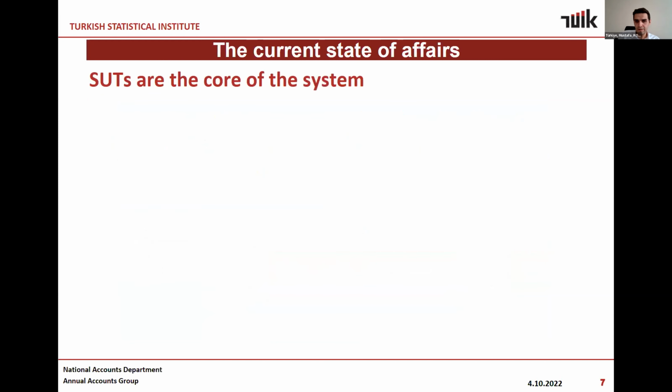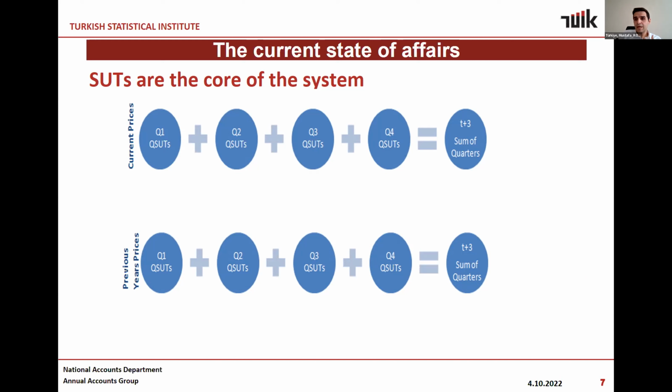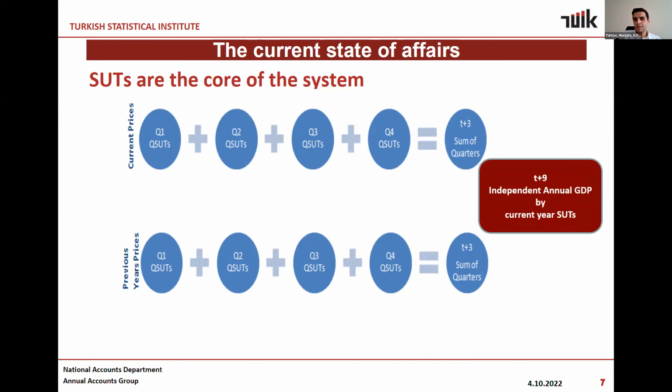And also I want to show our system for the quarterly side. We have quarterly SUTs for each quarter, and in t plus 3, we have a sum of quarters. After that, in t plus 9, we have an independent annual GDP by current year supply and use tables.